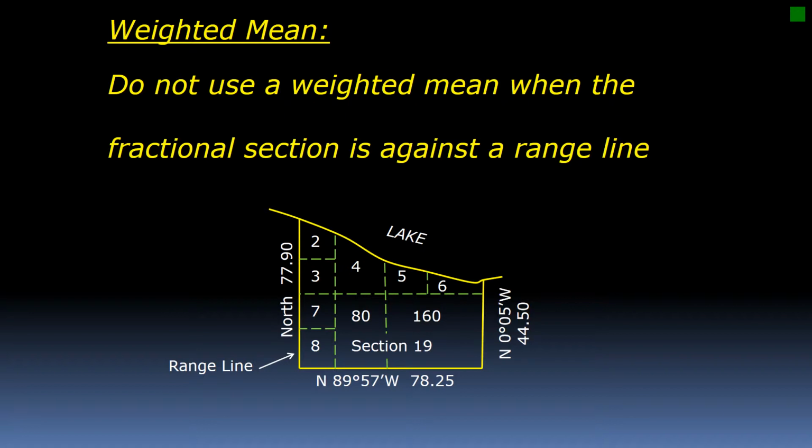Now, the reason that we're making these north-south lines parallel with the east line instead of using a weighted mean is because we're closing on a range line, and we have to keep the integrity of that range line. So we're not going to use a weighted mean on that. As a rule, the weighted mean is the best way to do these, but this is an exception to that rule.